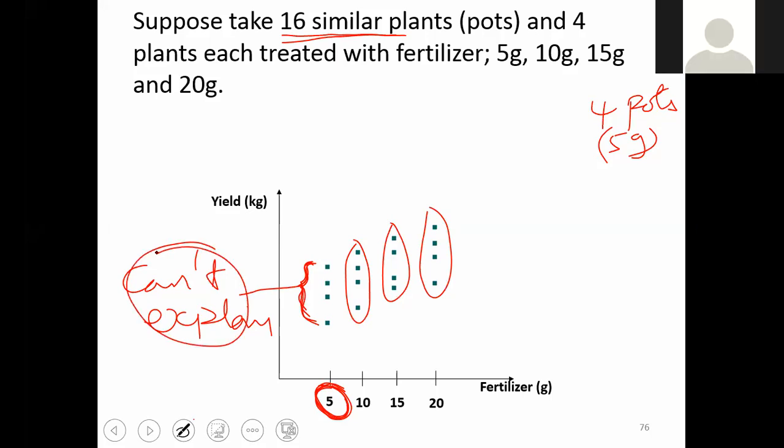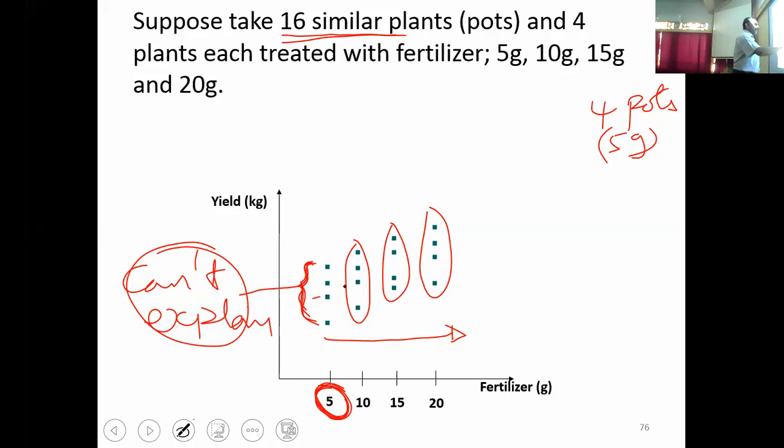But if you look at the variability in this direction, what is happening? Look at here, the yield is increasing. So why is the yield increasing in this direction? Because if you take the average, yield is increasing. So we could say, if you increase the amount of fertilizer, the yield increases.